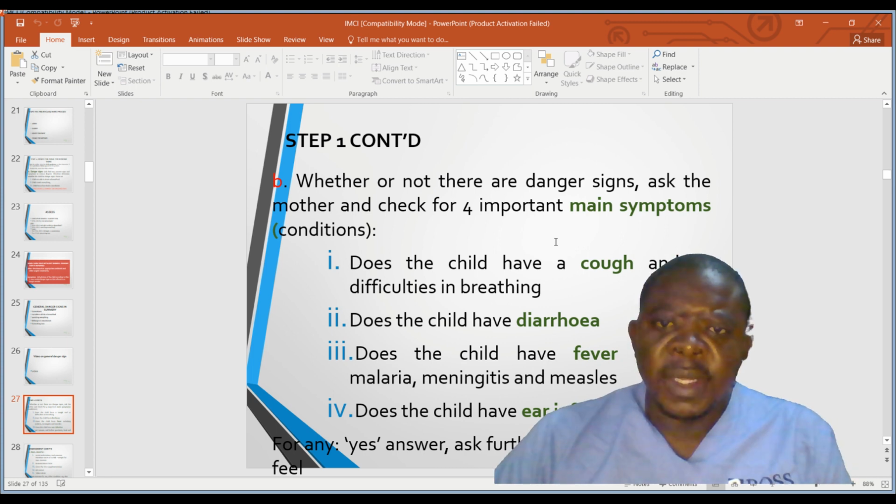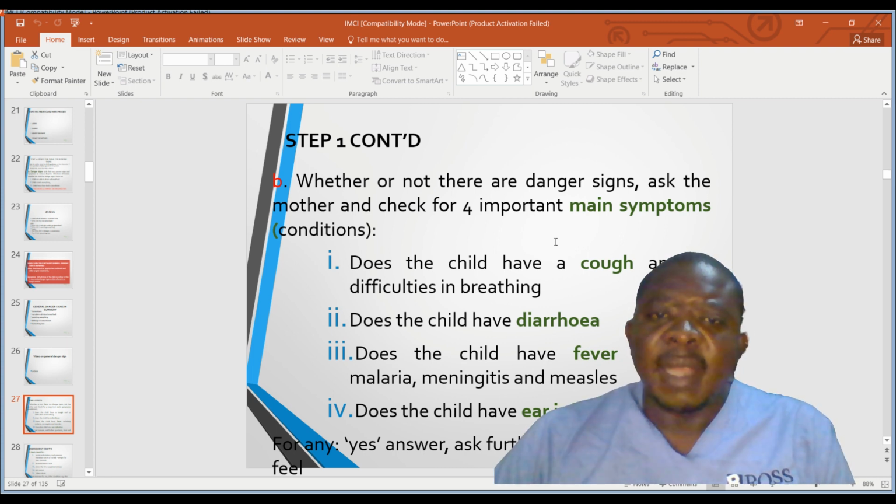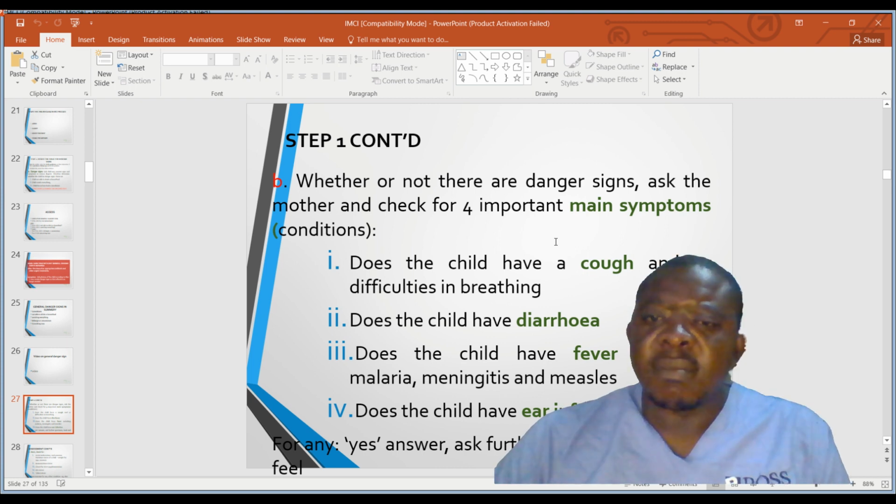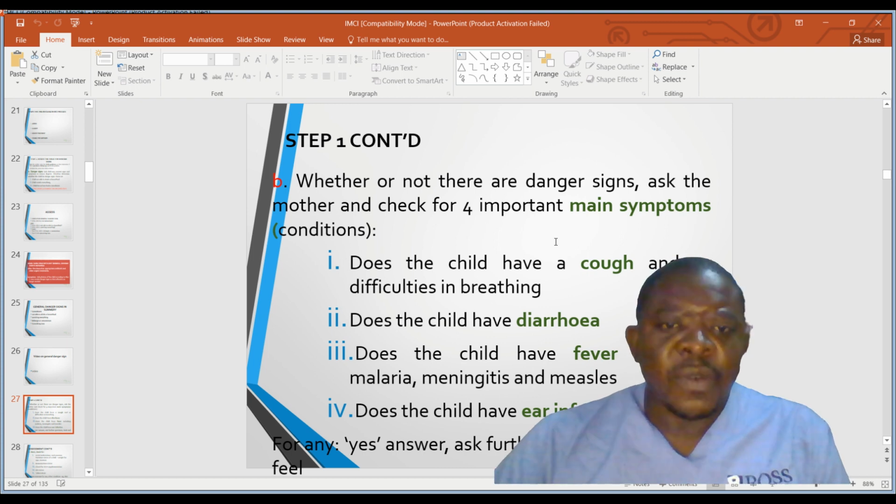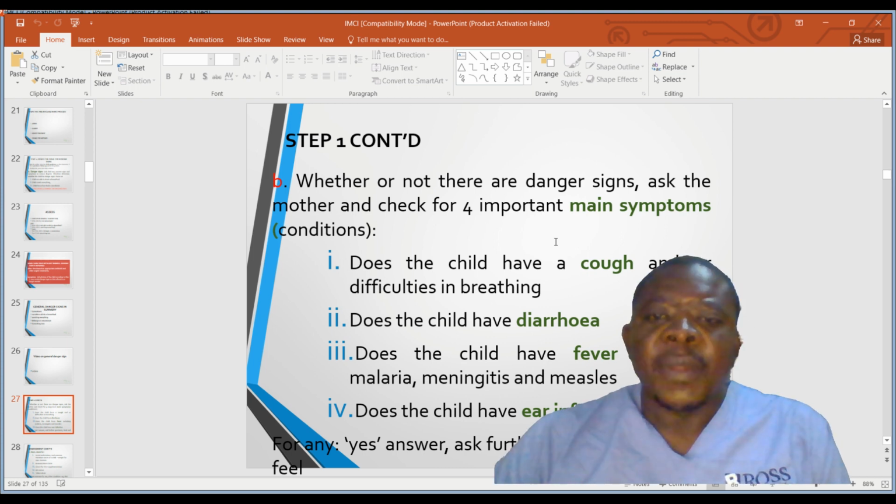You can also ask if the child has diarrhea. Does the child have a fever, including malaria, meningitis, or measles? Or does the child have an ear infection? For any yes, you can ask further questions and look and feel as needed.